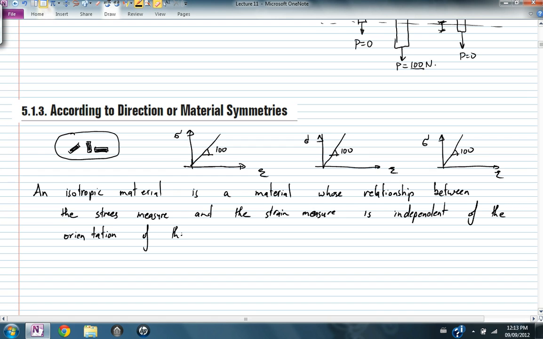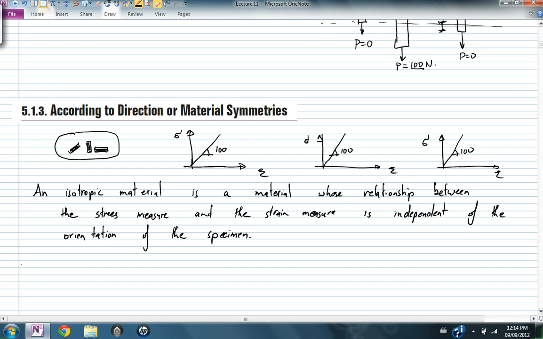It doesn't really matter what the orientation of the specimen is, you get the same relationship between the stress and the strain. If on the other hand you test it in one direction and you get a slope between the stress and the strain of 100 units, and then you take a specimen in a different direction and you get a slope of 10 MPa, then the relationship depends on the direction, and this material becomes anisotropic.